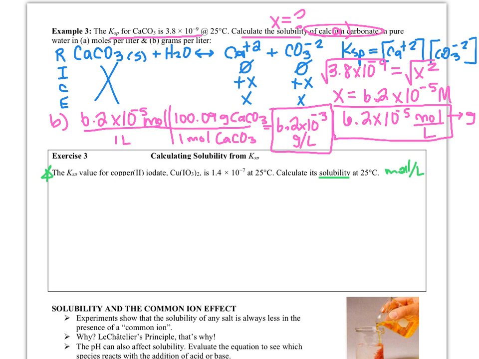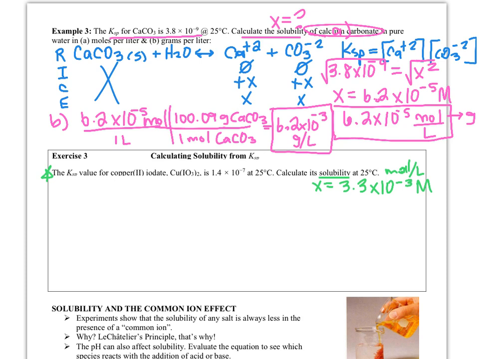So your actual answer for your molar solubility on this problem, when you solve for it, is going to be, let's see, 3.3 times 10 to the negative third molarity. Okay, so on this one, that is going to be your solubility of the copper iodate.